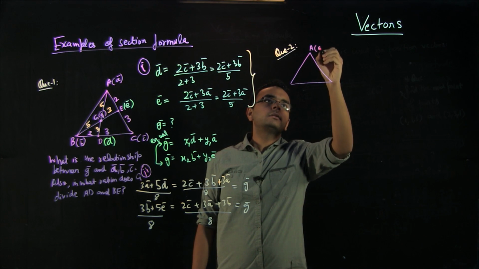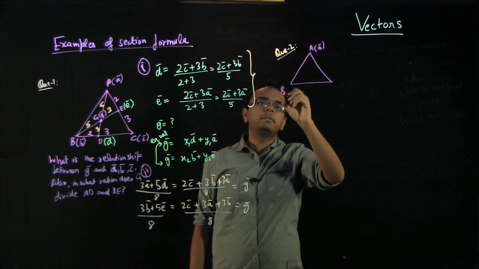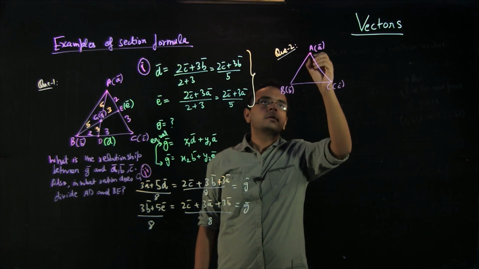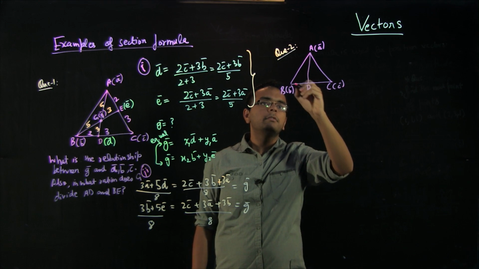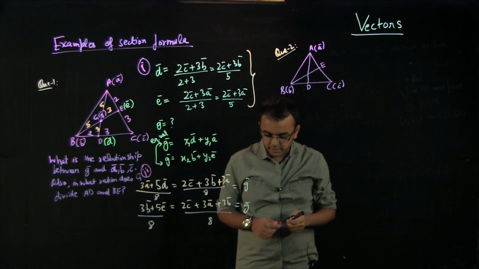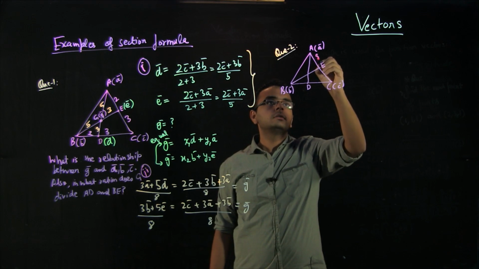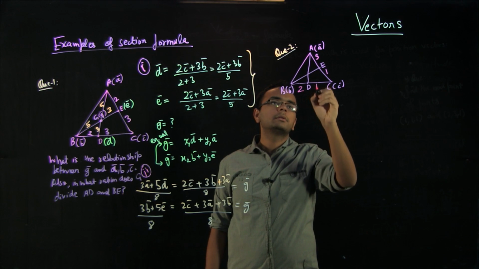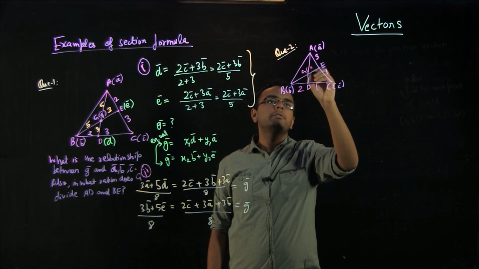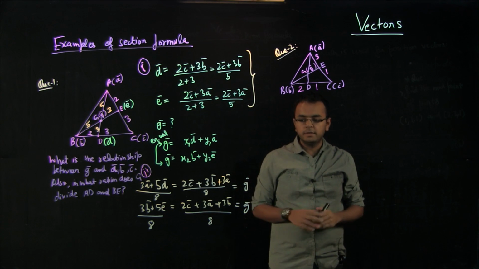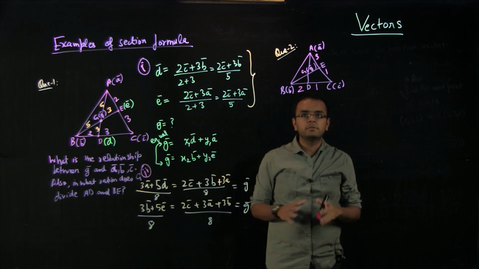We have A vector, B vector, C vector here, then we have D and E, and the ratio in which it divides is this 3:1, this 2:1. And we have been asked to find the G vector like in the last problem, in terms of A, B and C, and then to find the ratios.